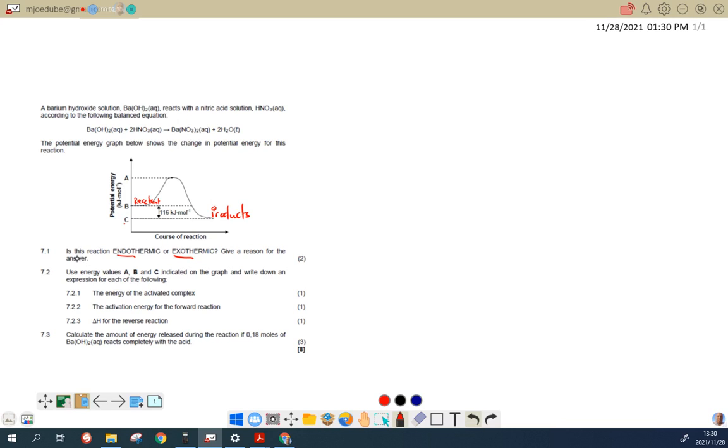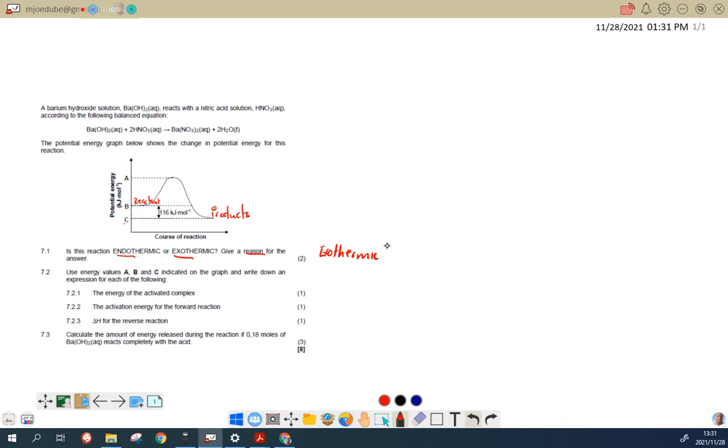Therefore, in answering this, you would need to first state whether it's an endothermic or exothermic reaction. You've got to give one answer. So the first answer we're going to give is that the process is exothermic. Why is it exothermic? That is the reason for the answer.